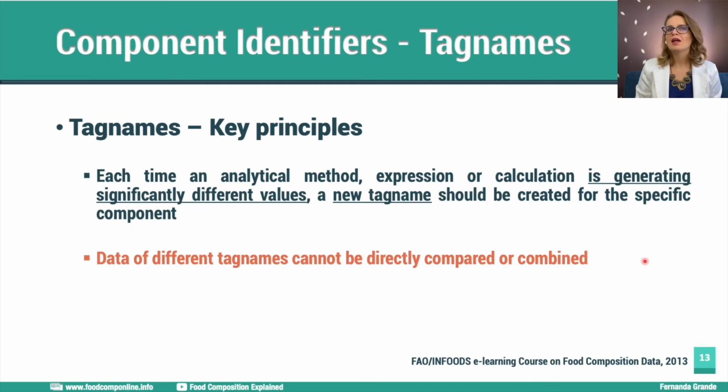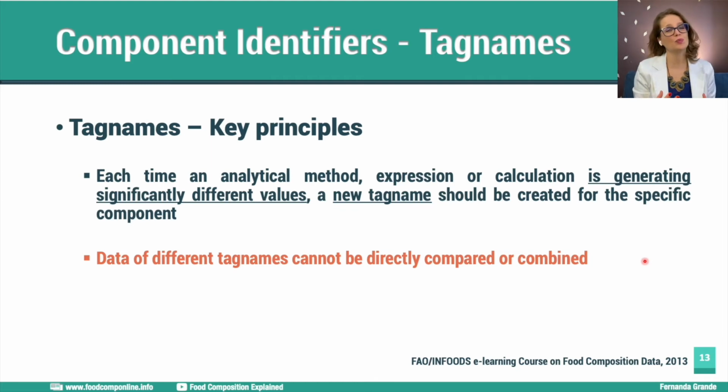And this is also a way to judge the quality of the information presented by a given food composition table. Because if the description of a certain component is not clear enough or complete enough for you to assign the appropriate tag name, this means that you need to be careful when using this data, especially for the problematic components that I have presented here.